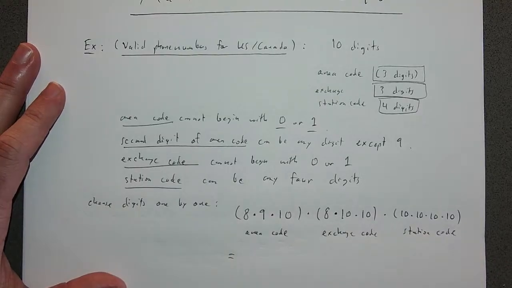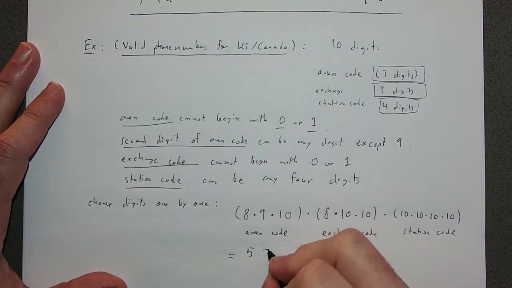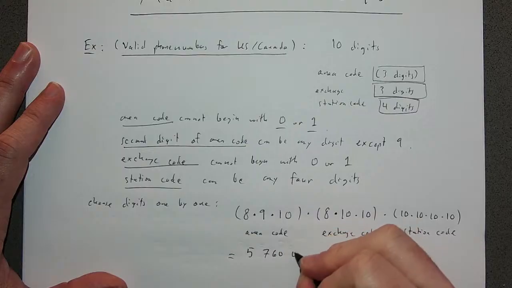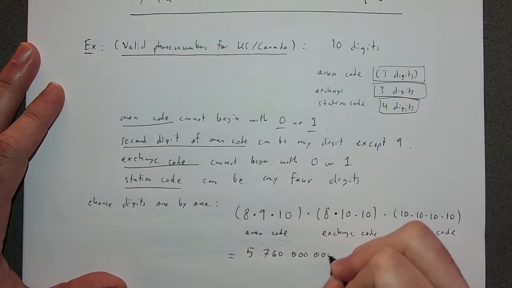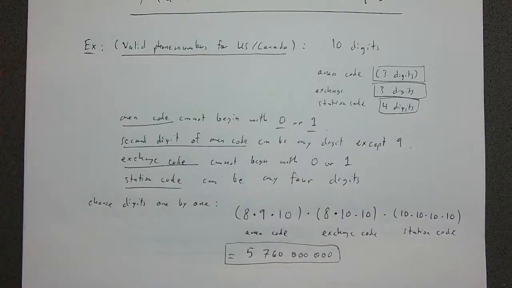You get 5,760,000,000. So that's lots of valid phone numbers.